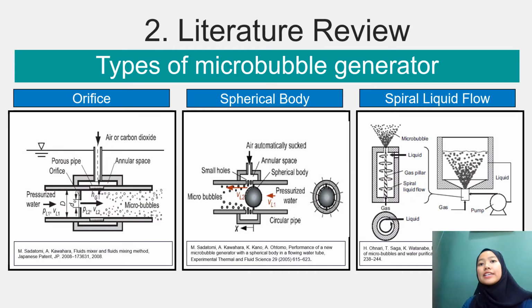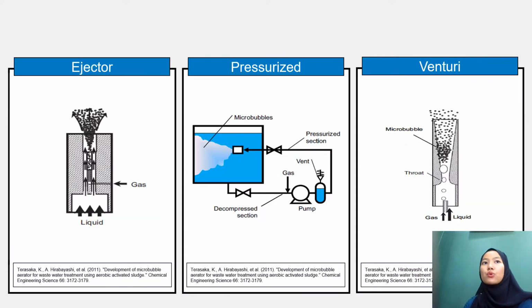This is the literature review section. Types of microbubble generator: the first one we have is the orifice, spherical body, spiral flow, ejector type, pressurized, and also the venturi type microbubble generator. All of these types of microbubble generator use the concept of the Bernoulli principle, in which when pressurized water is introduced into the generator, the velocity through the tube becomes greater than at the exit.